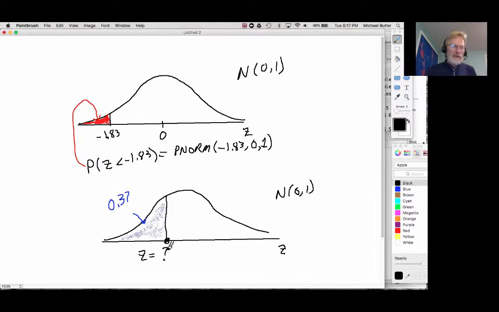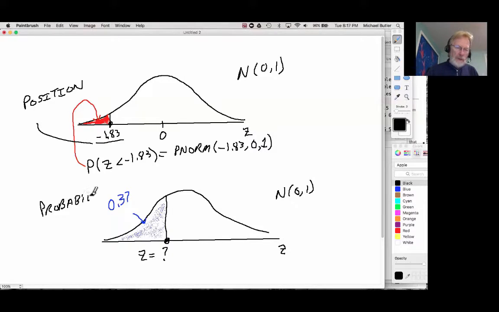Are you understanding the difference in the question? I feel like part of me is understanding, but part of me is still kind of fuzzy. Okay, so back up here on this one, notice that they gave you a position. They gave you a value on the axis, didn't they? That's a position on the axis. That's a point right here. Down here, what did they give you? They gave you a probability.